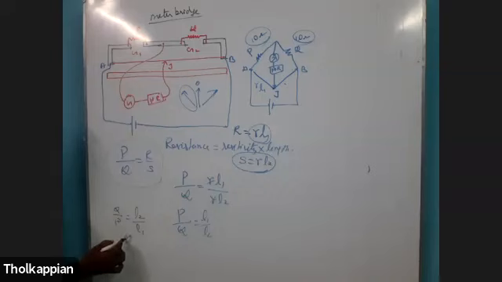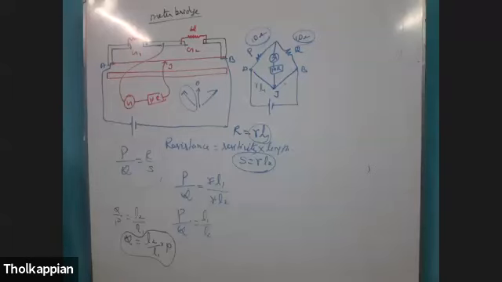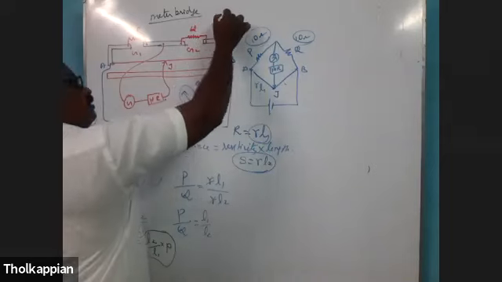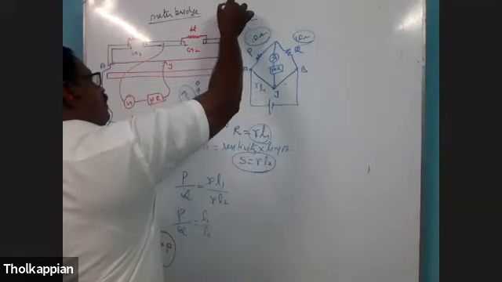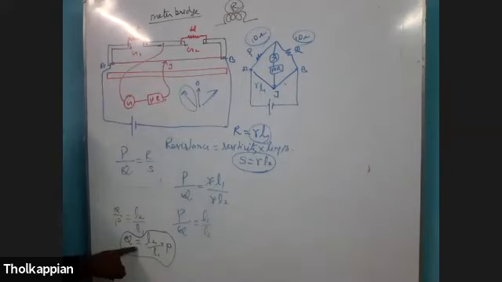Then you can find the value of Q, which is equal to L2 by L1 into P. In this way, you can find the unknown resistance, as well as the resistivity of the wire. If the coil is given like that, you find the value of resistance by means of this method. Resistance is found out. Then you have to find the resistivity.